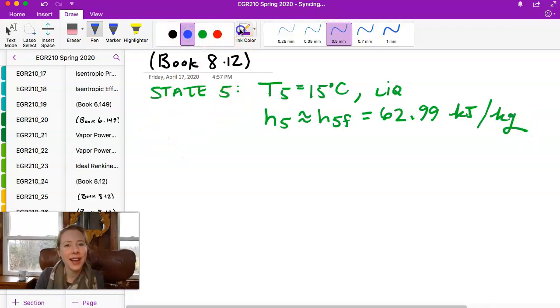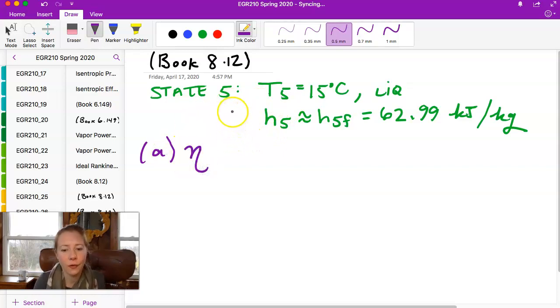Okay, so now finally we can just go through and figure the rest of the pieces out. So eta, the efficiency for our power plant, is going to be W dot T minus W dot P divided by Q dot in.